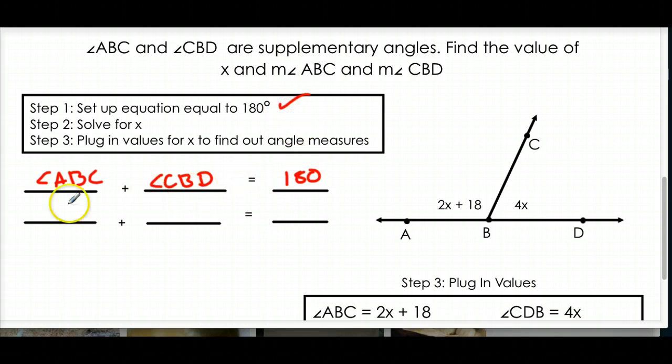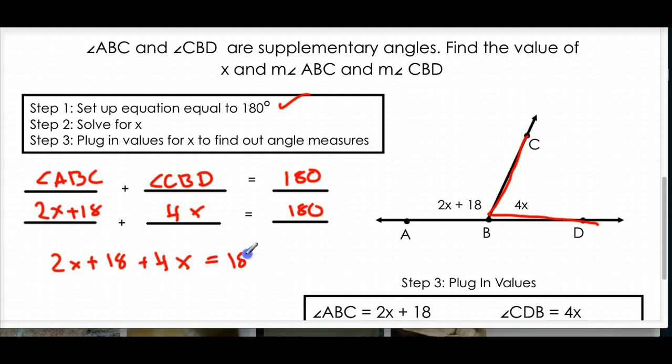All right, we did this step. Step 2, we got to substitute what we know. 2x plus 18 plus 4x is equal to 180, because ABC is this, CBD is 4x, and that's how we got those numbers. Once again, if you know how to solve this, please go ahead and do it on your own. It's just like the last problem.